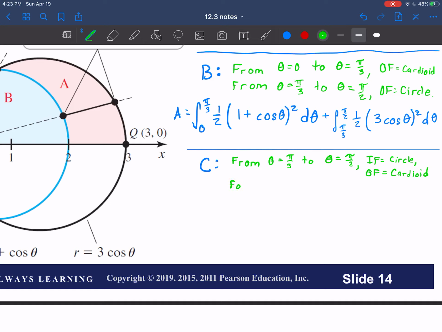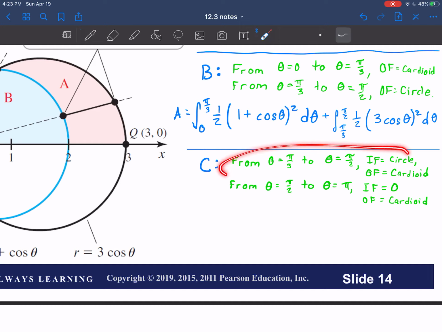And then from theta equals pi over 2 to theta equals pi, the inner function is 0, and the outer function is the cardioid. So I think writing it out, like this, whenever you're doing these sorts of problems, can really be helpful to picture what exactly you're doing.